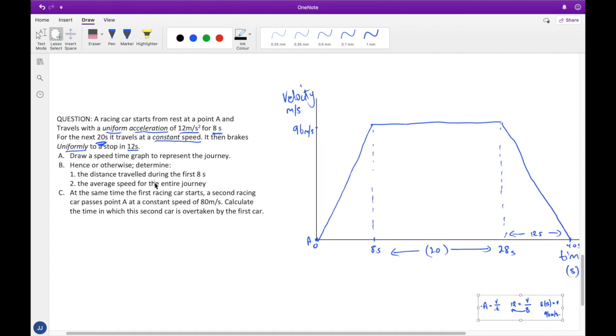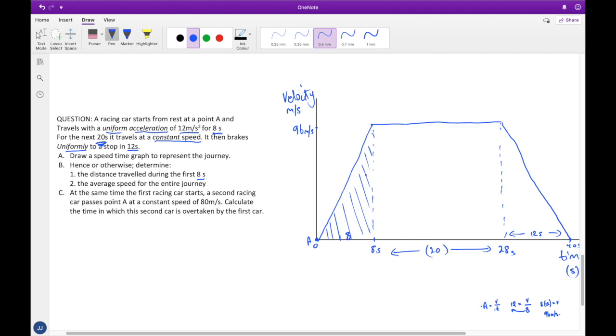Now, hence or otherwise, number 1, calculate the distance traveled during the first 8 seconds. Well, we know that to find distance in a velocity time graph, we need to find the area under the graph for the first 8 seconds. That'll be this area here. We could see that this base is 8.